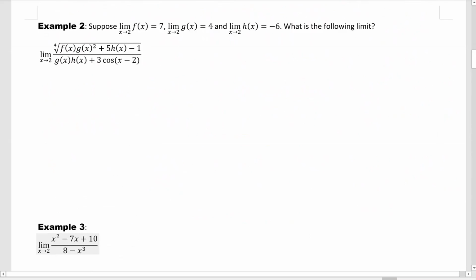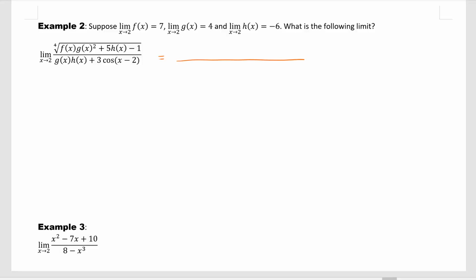So example 2, suppose, so here we don't know the expression of f, g, and h. We only know the limit when x goes to 2. So what we do is we're gonna follow the limit laws. Alright, so let's do it. So first of all, we can see this is a quotient, right?